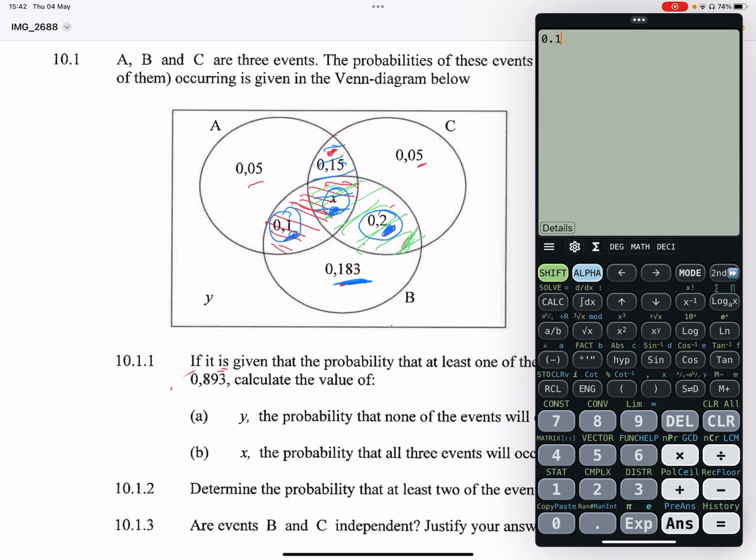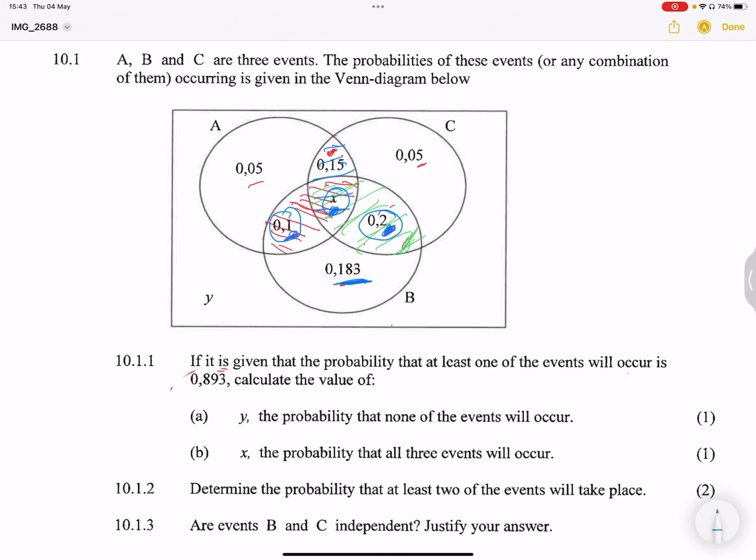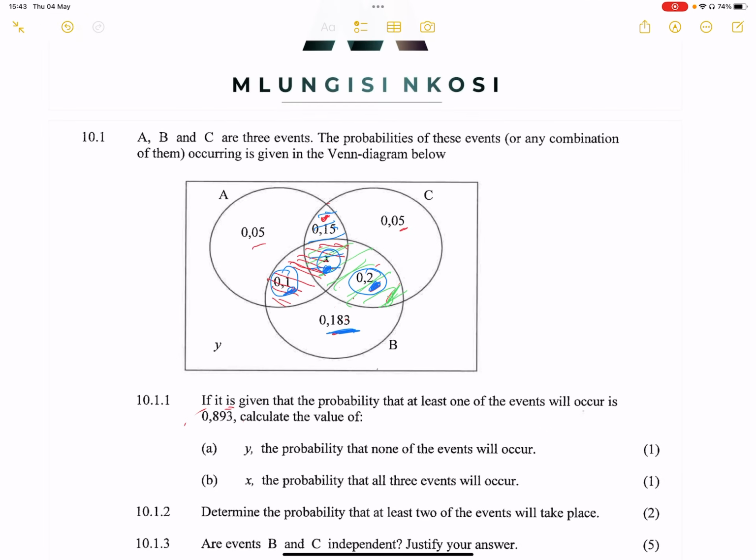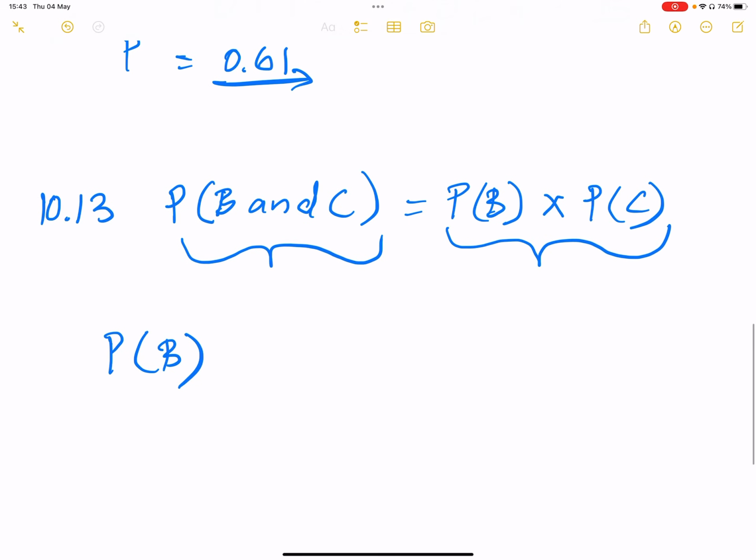So that's 0.183 plus 0.1 plus the 0.2 plus the X, which is 0.16. Okay, so the probability of B is 0.643. So let's write that on its own. We said that's 0.643.